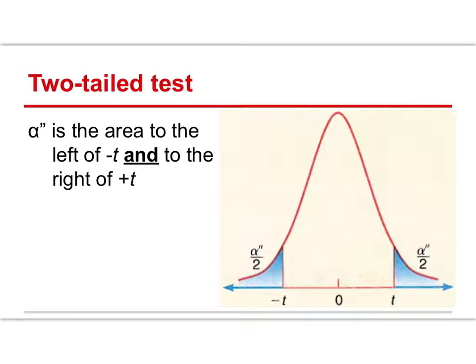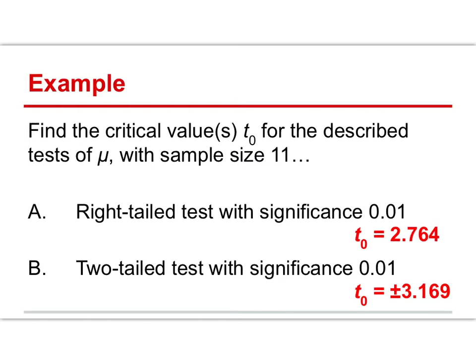And because the t-distribution is symmetrical, we're also able to say for sure that half of the target area, half of alpha double prime, is the area in the left tail, and the other half is the area of the right tail. Oh, my animation didn't work right, but that's okay.